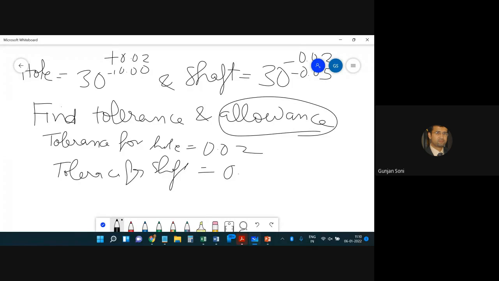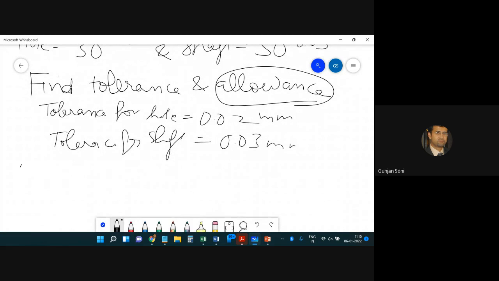So 0.03, we can write that in mm. Okay, now allowance. This is something which is interesting. We want to find allowance.